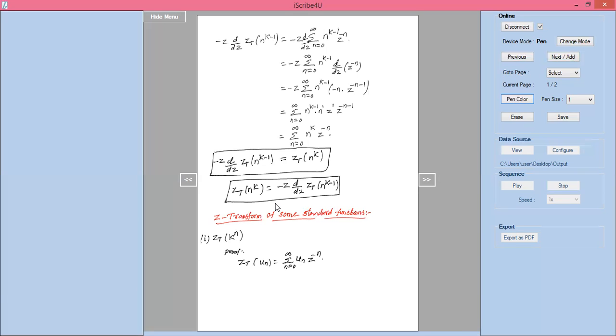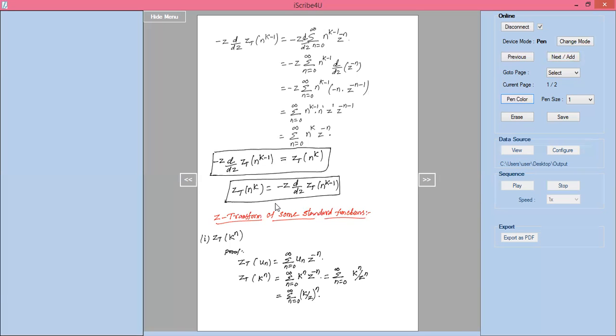Now z transform of k power n equal to summation of n equal to 0 to infinity, where un is nothing but k power n, into z power minus n. That equals summation of n equal to 0 to infinity k power n divided by z power n, which is summation of n equal to 0 to infinity k by z whole power n.